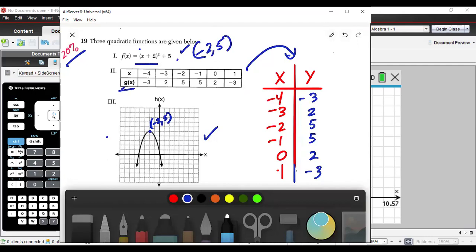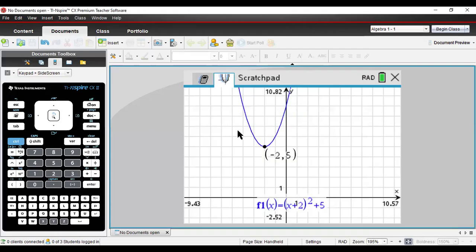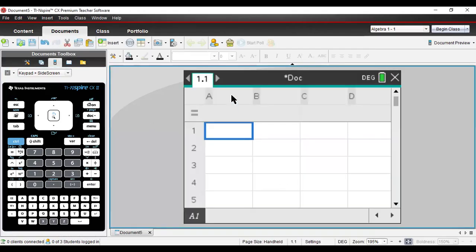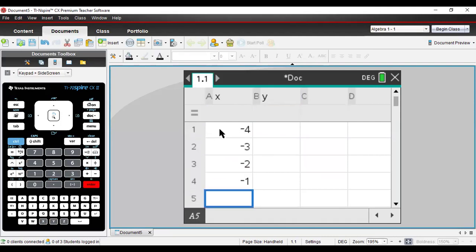So what I'm going to do is go to the spreadsheet now, and I'm going to try to come up with the equation for that quadratic. So this is x, and then this is y. And so we got -4, -3, -2, -1, and then 0, and then 1, and that's it.